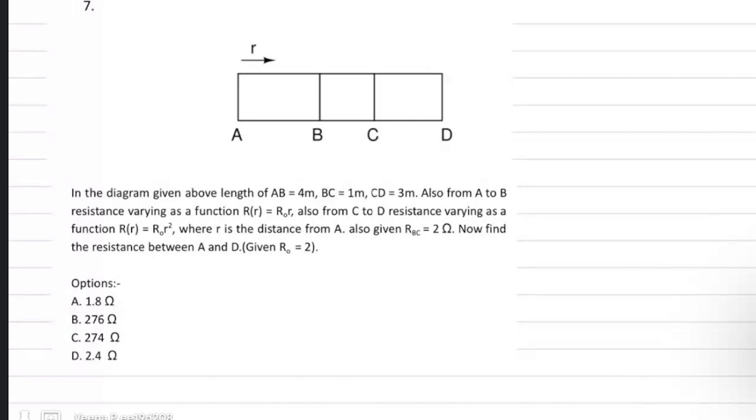Also from C to D, resistance varying as a function R of r is equal to R naught r square, where r is a distance from A, which is given. Also given RBC is 2 ohm. Now find the resistance between A and D.